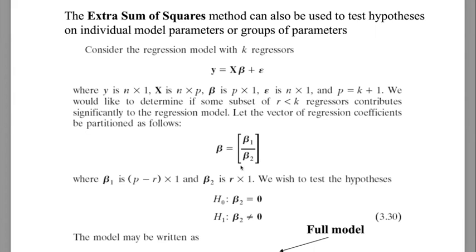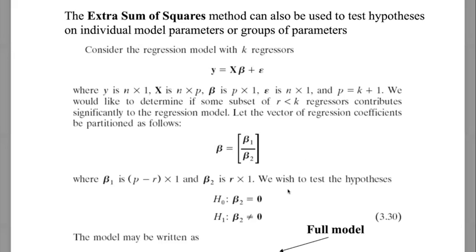The second piece, bold beta 2, is the set of slope coefficients that we want to test hypotheses about. The dimension of that subvector is r by 1, as indicated here. And because beta itself has dimension p by 1, beta 1 is p minus r by 1.